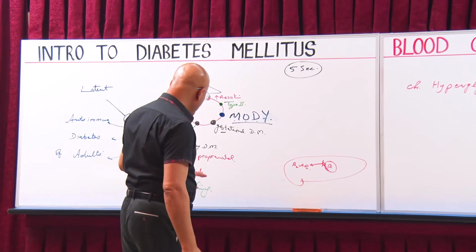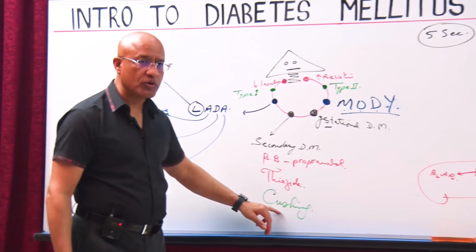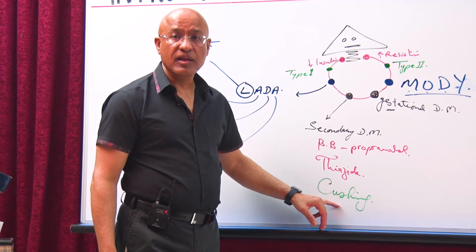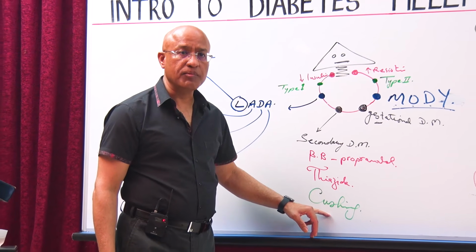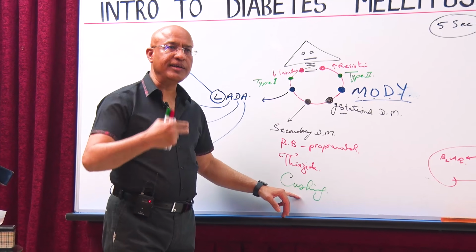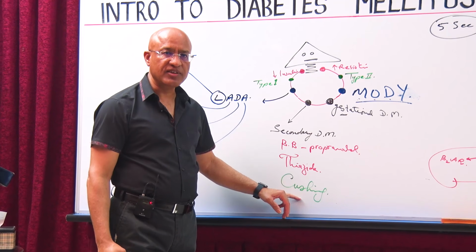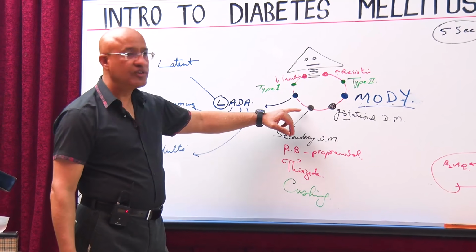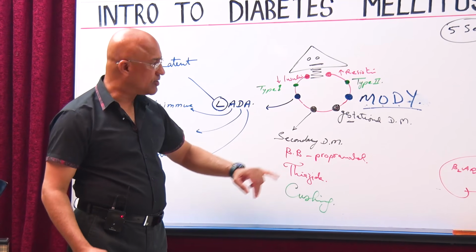So, what we can say in Cushing syndrome, even in acromegaly and some other endocrine diseases, there is a tendency for hyperglycemia, and such hyperglycemia is called secondary hyperglycemia.